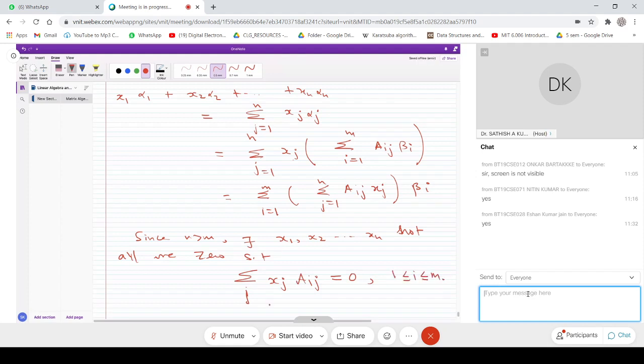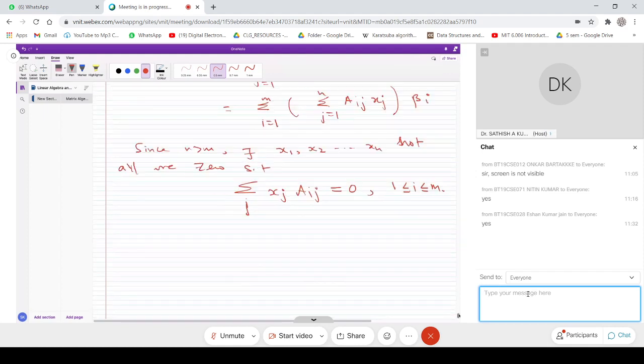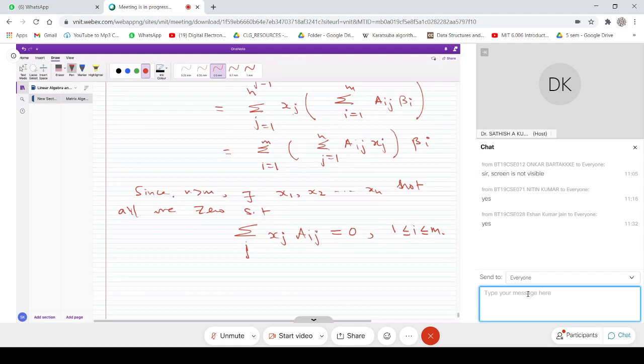This is a result from matrices: aij into xj, with j from 1 to n and i from 1 to m, since n is greater than m, this relation will be 0, but not all the xj are 0. So by the previous expression, x1 alpha 1 plus etc., xn alpha n equals 0, but not all xi's are 0.